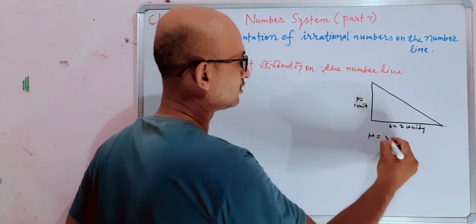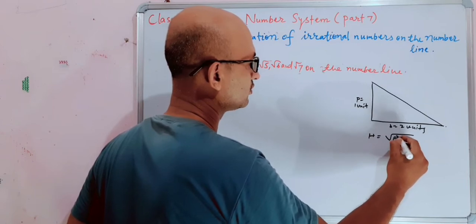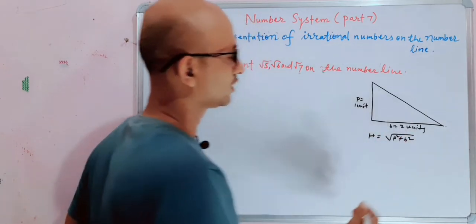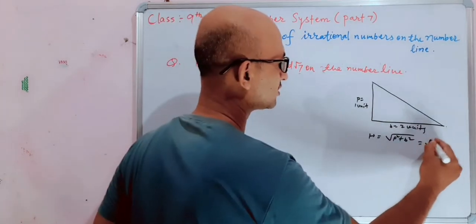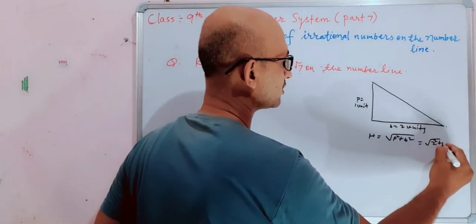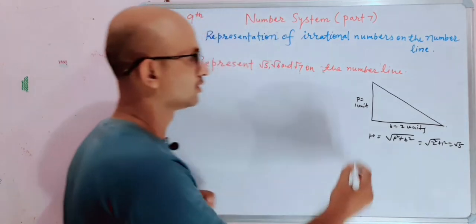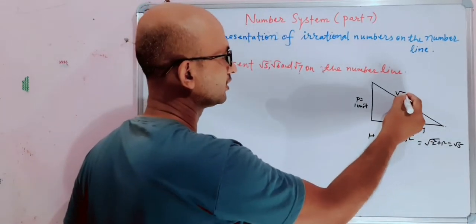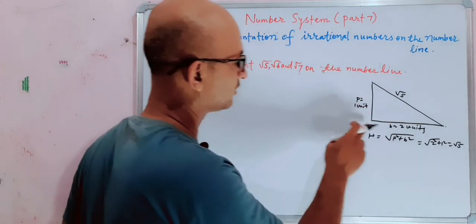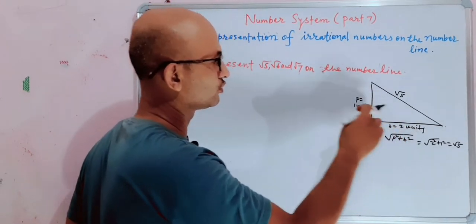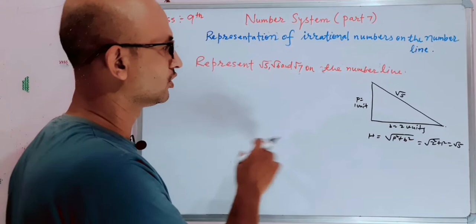Therefore, we get hypotenuse equal to the square root of the sum of squares of perpendicular and base, which gives root 5.